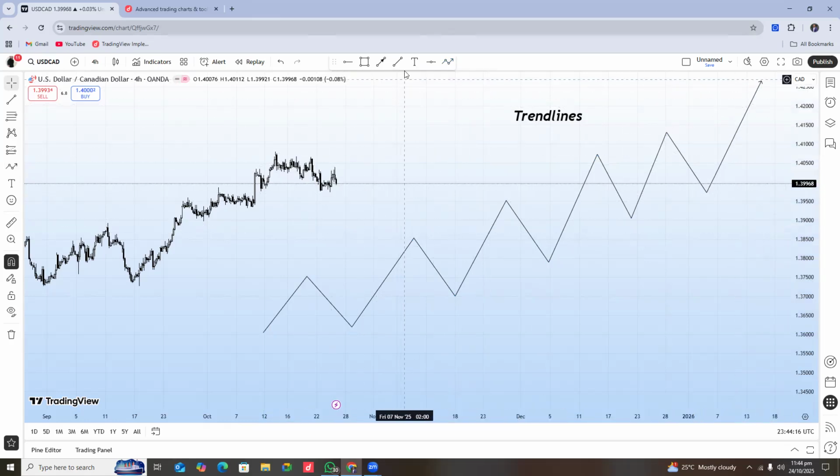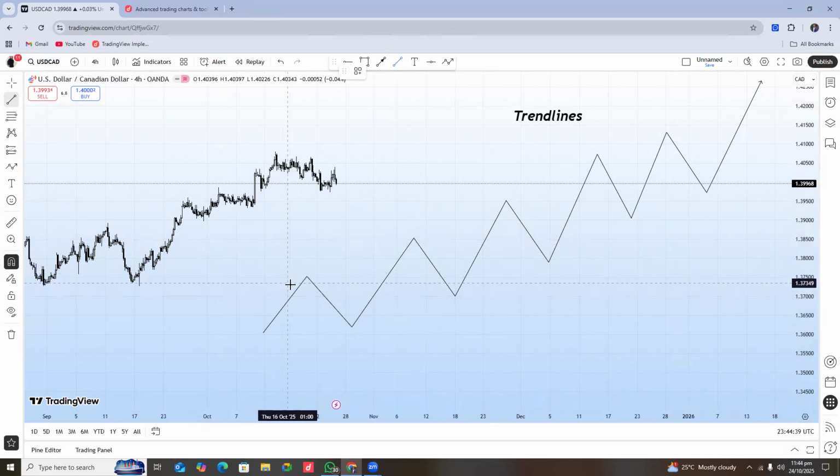If there is a way that we can connect the lows here, then it forms a trend line. If there is a way we can connect the highs here, that also forms what we call a trend line. So we can draw a trend line in a downtrend or an uptrend, just like I said earlier.